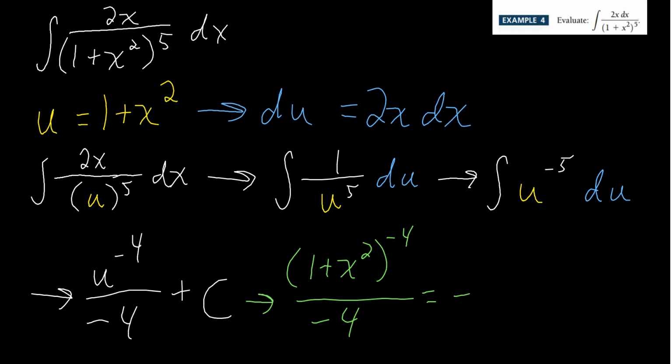So we're going to have a negative 4 times 1 plus x squared raised to the 4th power, and all of that under 1, plus c.